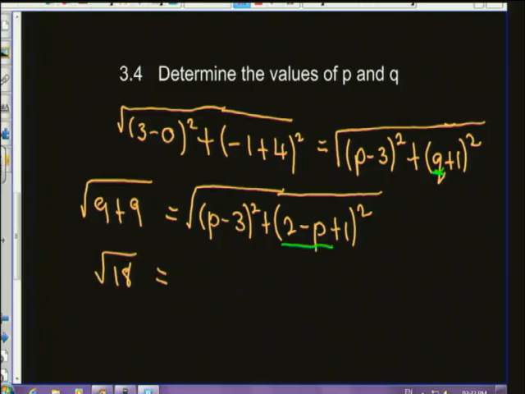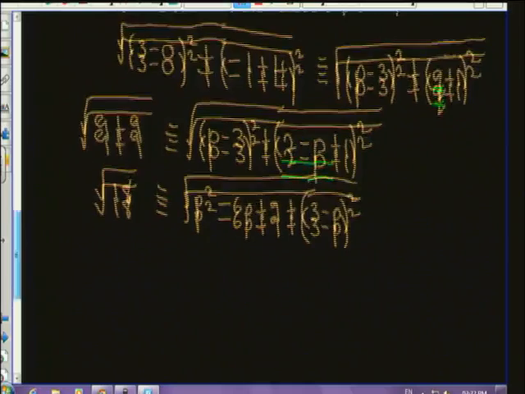And if you simplify that right-hand side, if I FOIL that bracket, it's p squared minus 6p plus 9, okay, plus adding like terms in the bracket, 2 plus 1 is 3. So I'm going to write that as 3 minus p for now, and I'll simplify it in the next step.